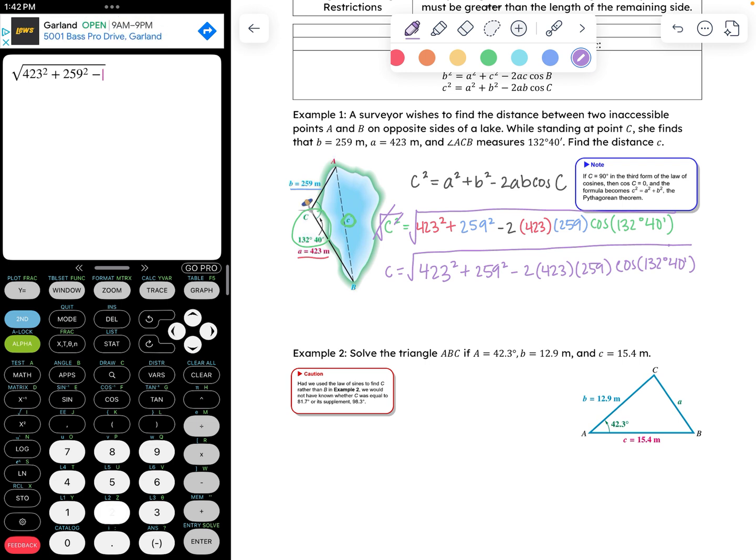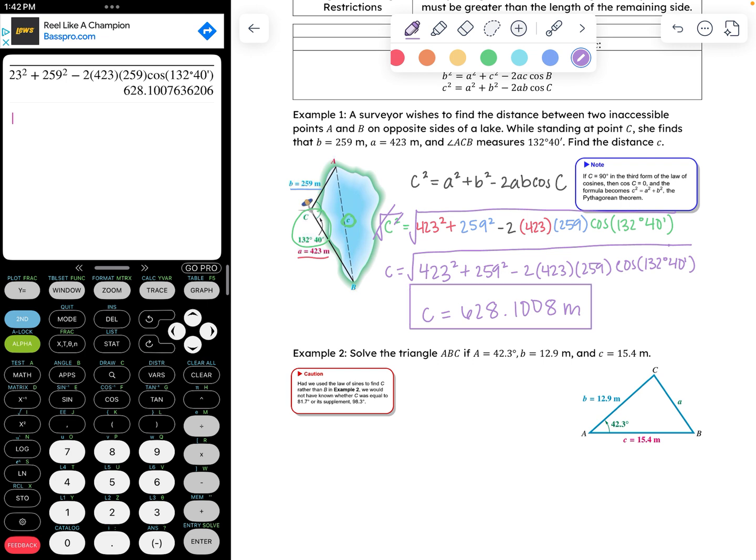Minus 2 times 423 times 259 times the cosine of 132, second apps 1 to get the degree sign, and 40, second apps 2 to get that minute sign. And there's our answer. Let's go ahead and round it to 4 decimal places. So 628.1008 meters is the distance across the lake there.